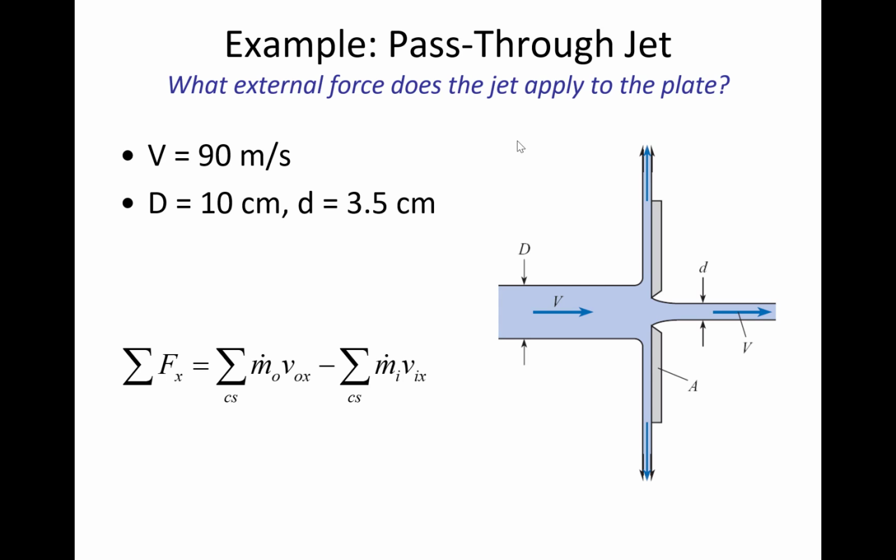All right, so first things first, calculate the mass flow rate. This one's a little bit easier because we don't have to deal with an angle at all. You're just calculating the mass flow rate, and you can do that by determining the cross-sectional areas. Maybe I should have started with this one because it's a little bit easier than the one we just solved.